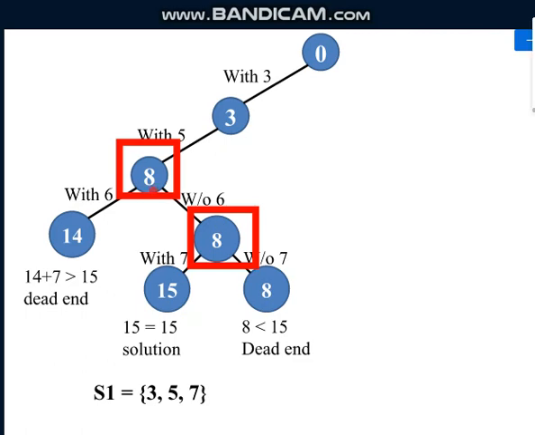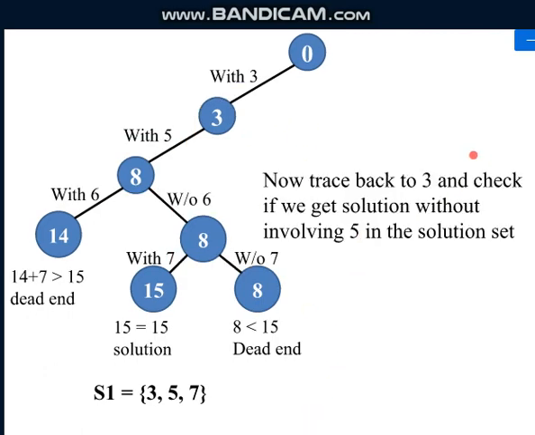Now we will proceed to this node. We have included 3 and 5, but without including 5, will we get the solution? We will track back to 3 and check if we get a solution without including 5 in the solution set.